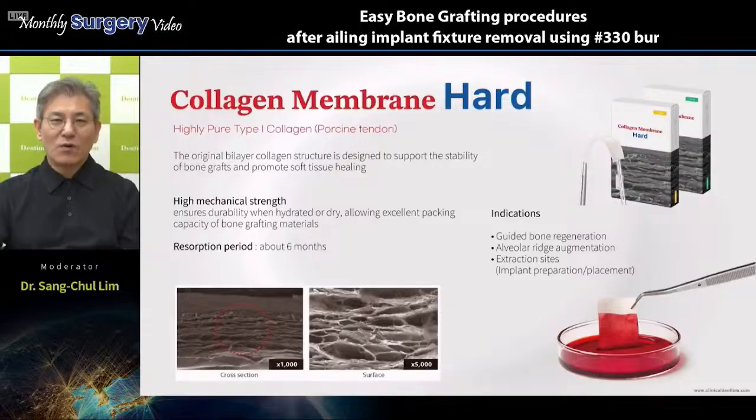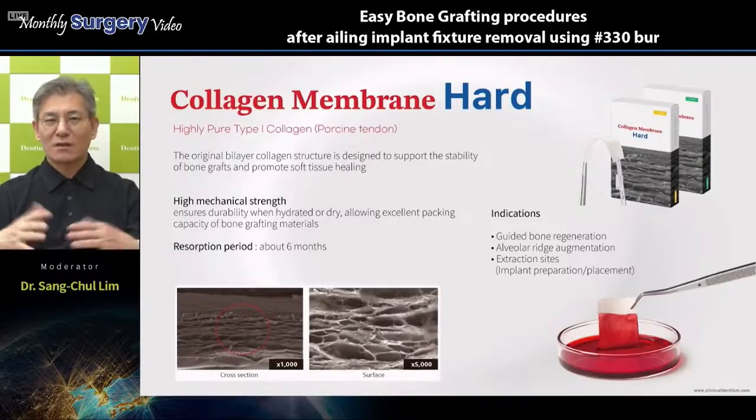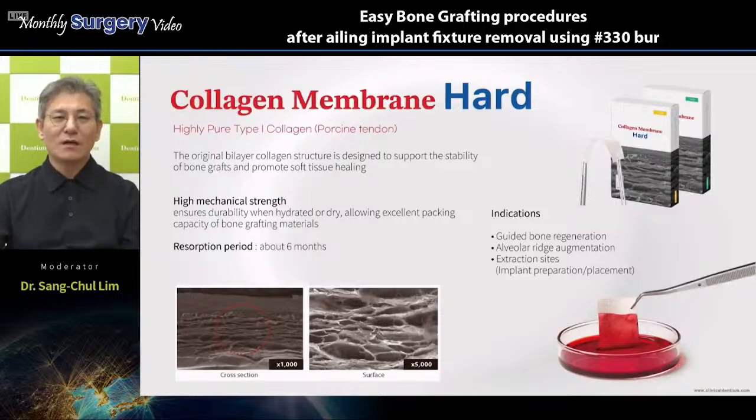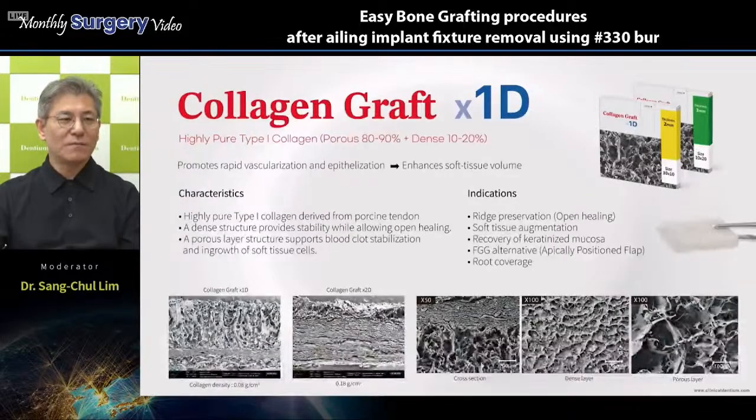That is an important characteristic if you want to use this barrier membrane for a successful GBR procedure, as you know. So the hard type collagen membrane is enough to conserve these defected, bone grafted areas.